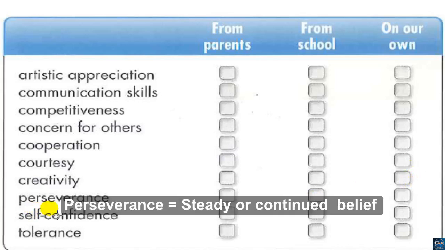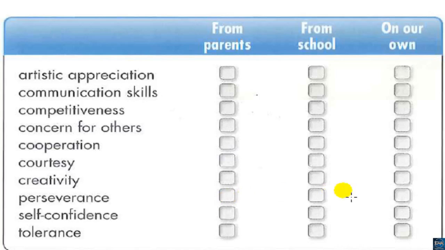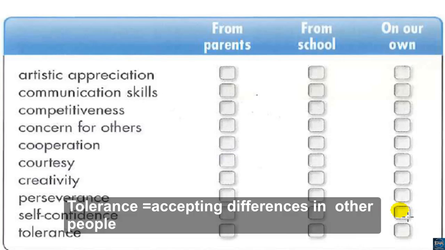Some people are creative. Perseverance, to have steady belief, to have continued belief. This is from parents, from school, on your own. Self-confidence, to be self-confident. Okay, this is of course from parents, school, and on your own.